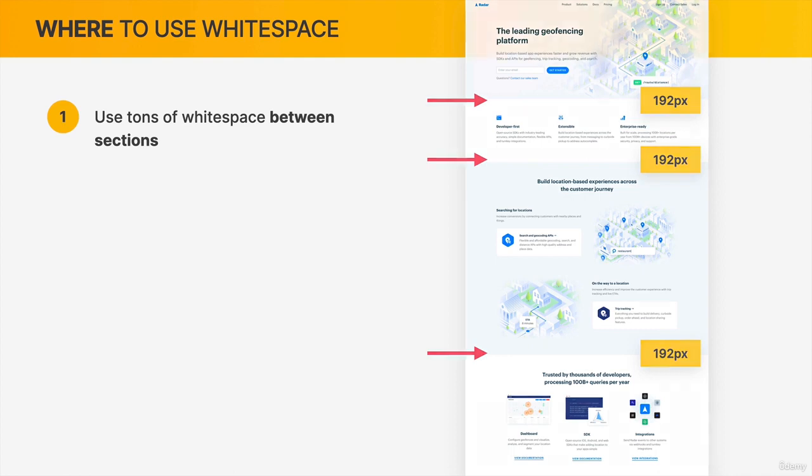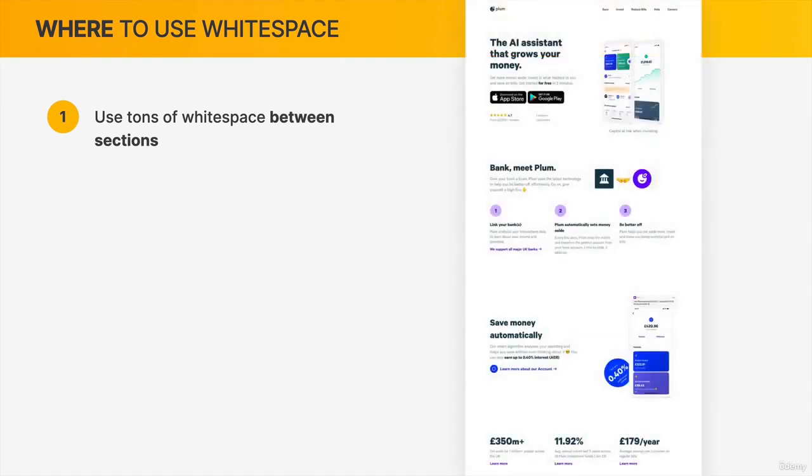And the same in this other design example here, where again there is a lot of white space between the sections. In this case, it's just 140 and 160 pixels, but of course this will depend on many different aspects. You cannot just fix a number and then use that value of white space in all of your designs.